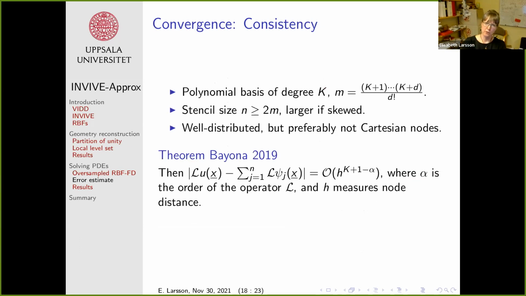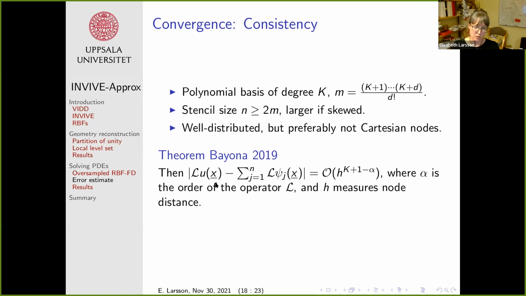And of course, then to do convergence, we also need consistency. If we have a stencil where we have used a polynomial basis of degree k, this means that we need a certain stencil size so that we support this polynomial and a little bit more, and that the points should be well distributed with respect to the polynomial basis so that it's not degenerate.